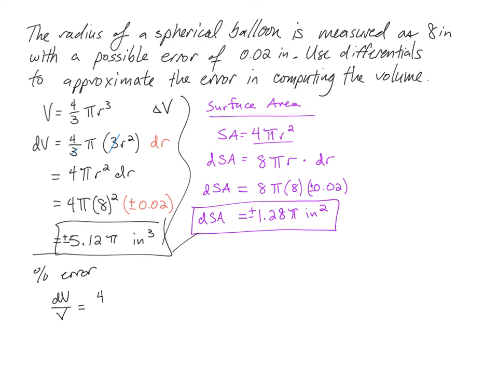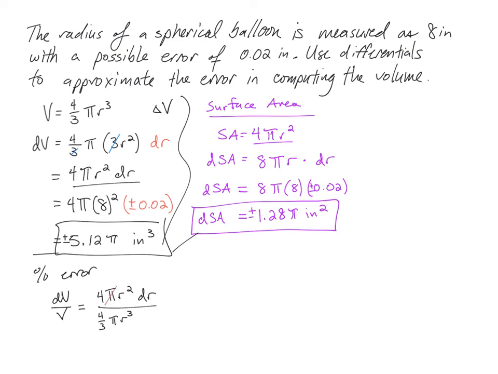So dV is equal to 4 pi r squared dr. And V is 4/3 pi r cubed. So you want to go back to the actual equations before any numbers are substituted in, because it'll be easier to see how things reduce.